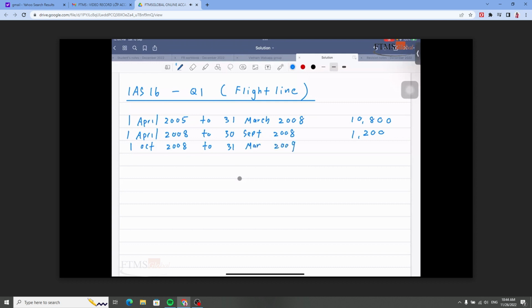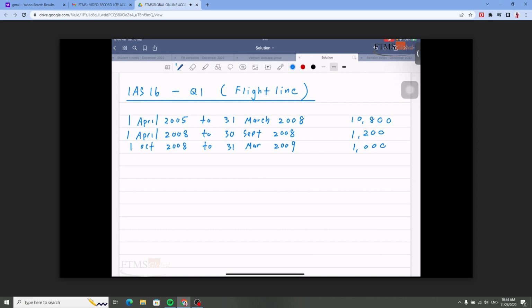So the subsequent 6 months is 1,000. Okay, right. So that's what they are trying to say for this paragraph. Okay, right. So continue here.